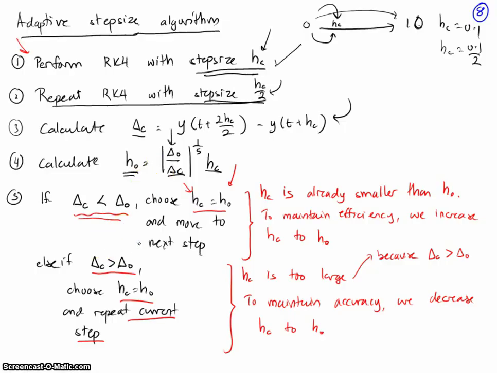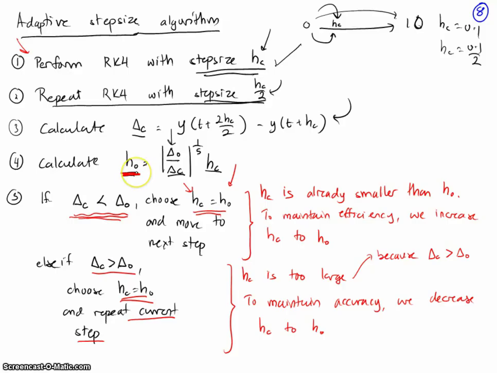So when you look at this, you might be wondering, we are going to apply HC equal to H0 anyway, so what is the purpose of this checking? In the first case, when delta C is less than delta naught, the current error being less than the tolerance actually tells us that the step size that we choose is smaller than the optimum step size that we should use.